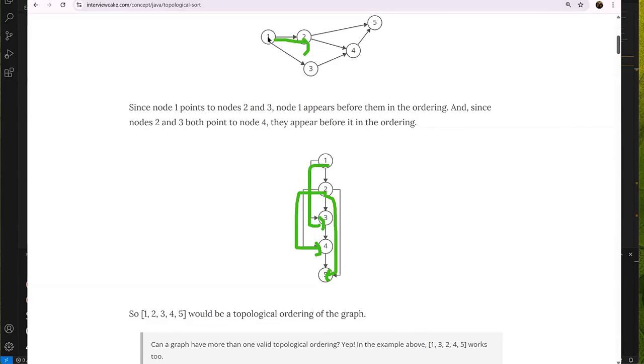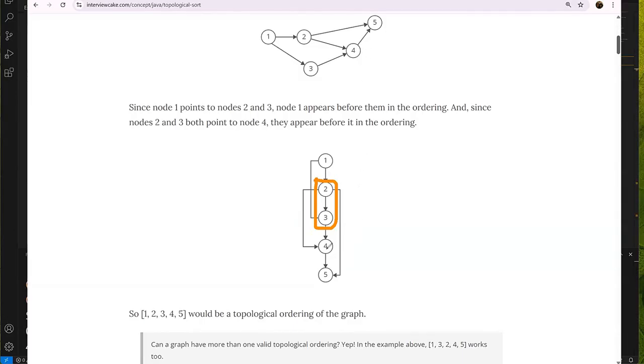But the edge from 2 to 3 is actually an added order. That means maybe you can move the 3 above 2, because between 2 and 3 there's no dependency. Neither needs to go to the other, but you can add the edge so that everything can be sorted. But these two are actually in one equivalent class.